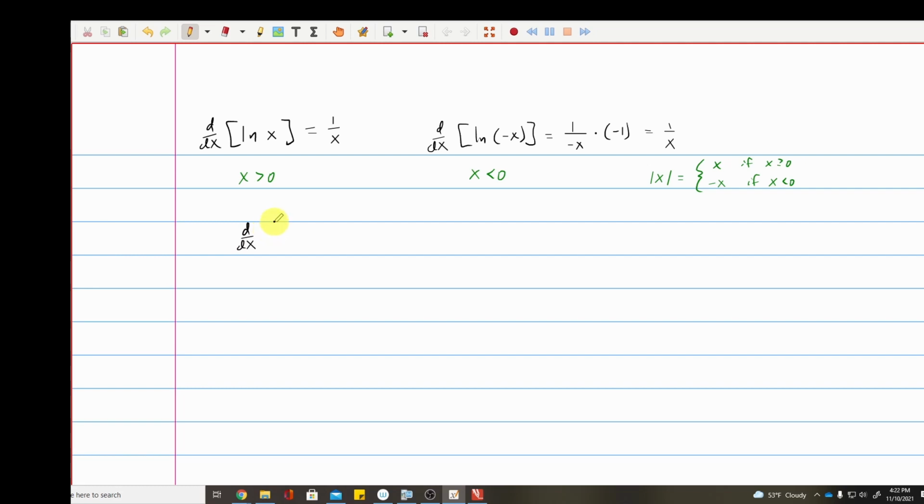What I really have is a differentiation formula for the natural log of the absolute value of x, and that is 1 over x. So as an integration formula, when we integrate 1 over x dx, what we want to do is maintain as big a domain as we possibly can. And so when we write our answer, we're going to use the absolute value of x instead of just ln of x.